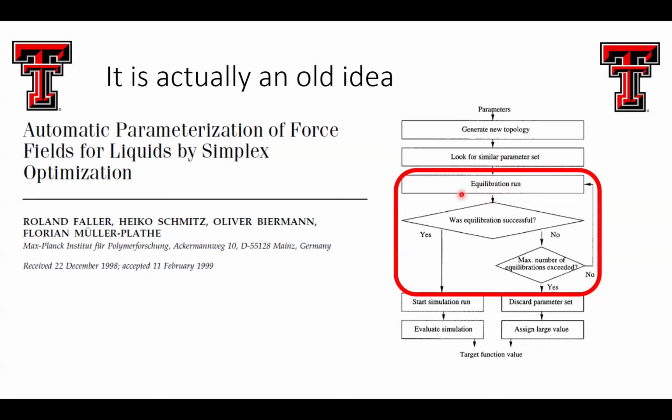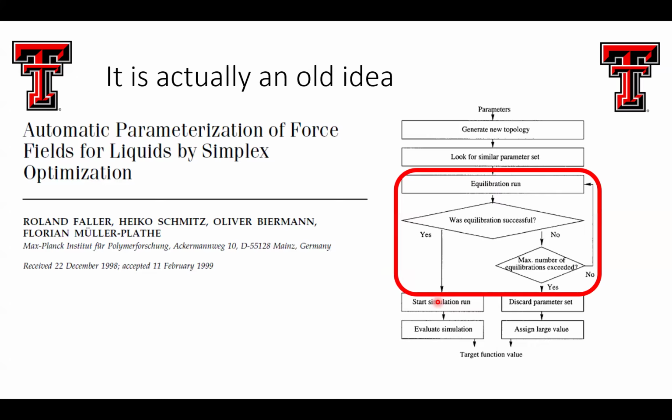Then you start an equilibration run. You have to identify if your equilibration is successful, so you have to do an automatic equilibration detection. And then you actually start the simulation run and you evaluate the simulation. And this is really the fundamental idea when you do these workflows. You want to have no human intervention at all.